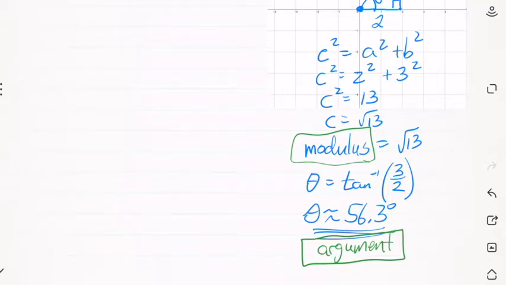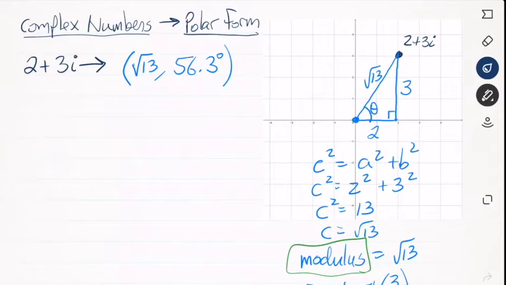Then there is another form, and it's called the trig form. So from polar to trig. So the trig form is going to take on the idea that it's still 2 plus 3i, it's just now we're dealing with a modulus and an angle.